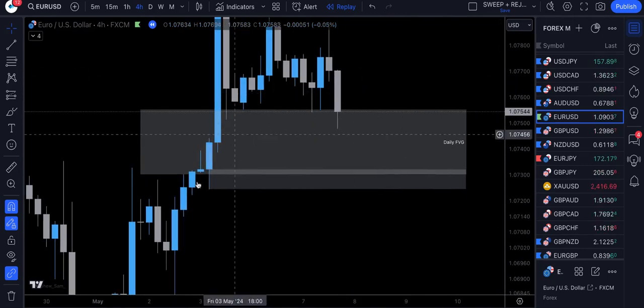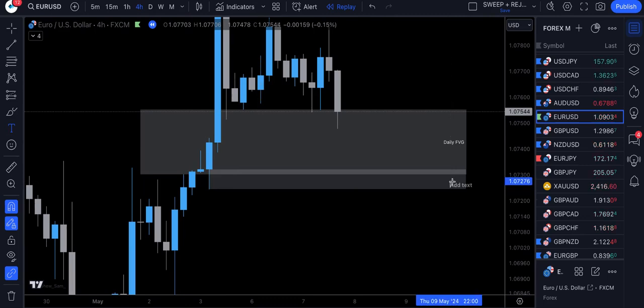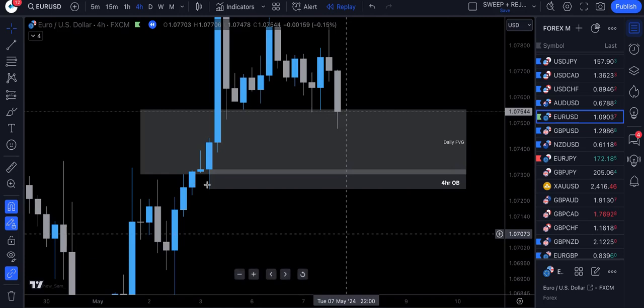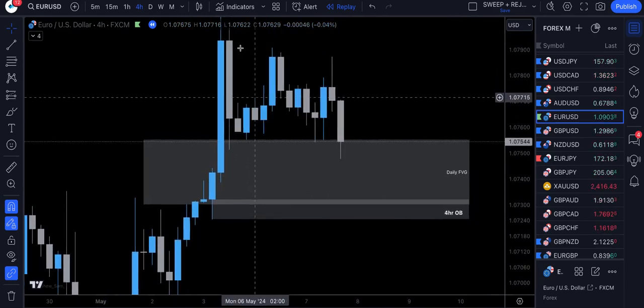Let's mark that on. So that's a 4-hour order block, and you can see these orders were collected and then price impulsively moved to the upside.